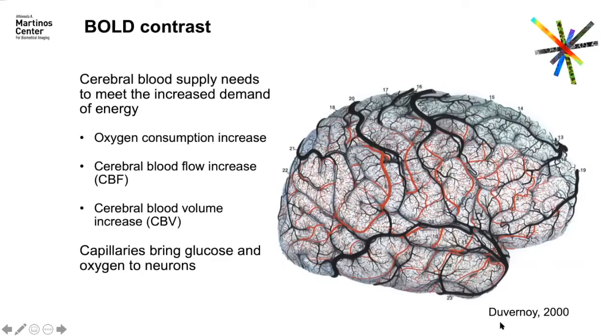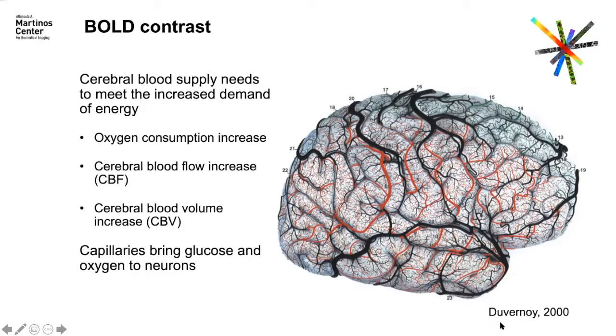So the basic idea is that when a certain part of the brain is active, there is a need for more energy into that area. So there's a need for cerebral blood supply into that area. And then oxygen consumption increases, also cerebral blood flow increases, and cerebral blood volume increases.